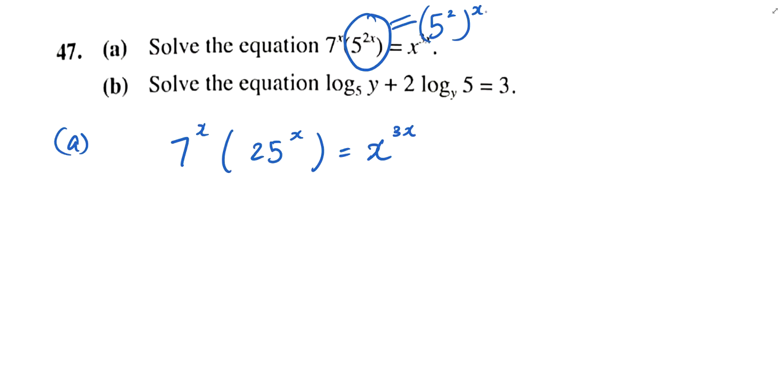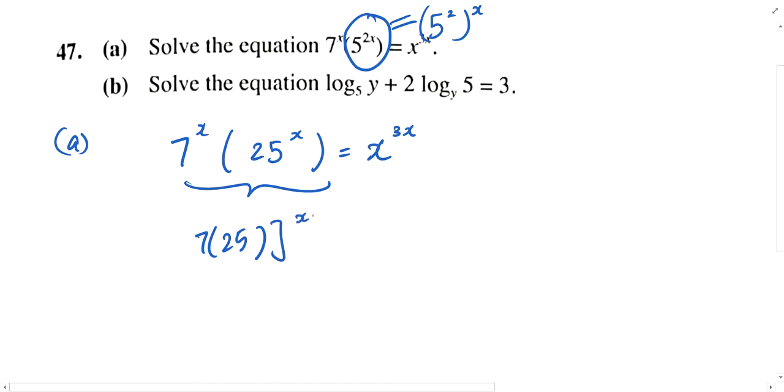Expand this. How do I expand? 7 times 25, the whole thing power x. Is it? Okay, what's 7 times 25? 175. So this is 175 power x equals?